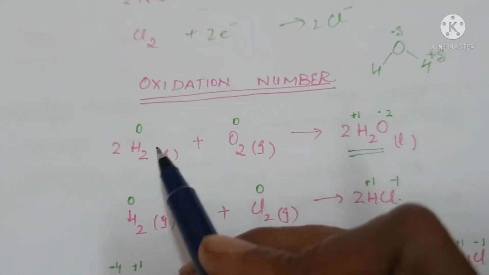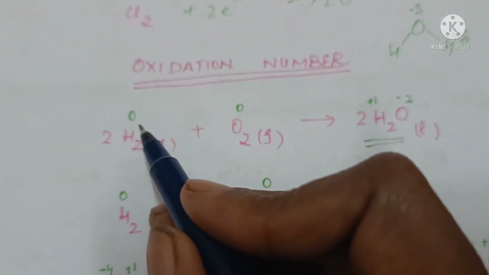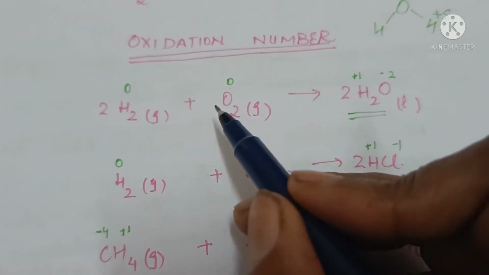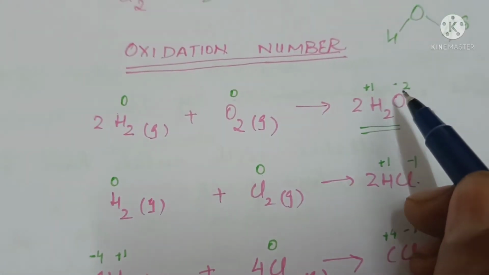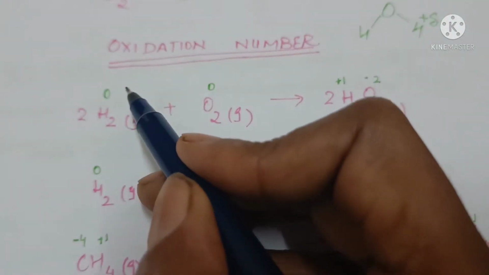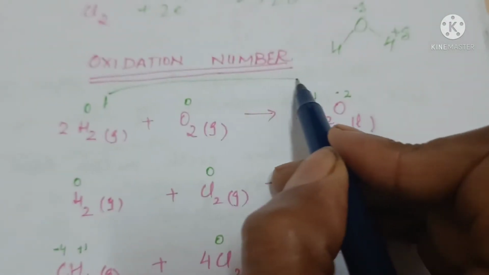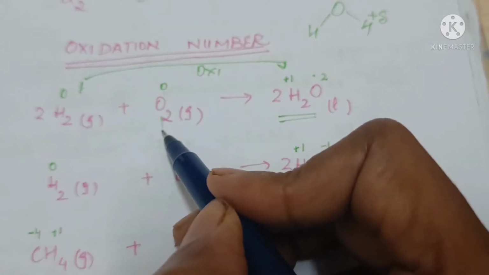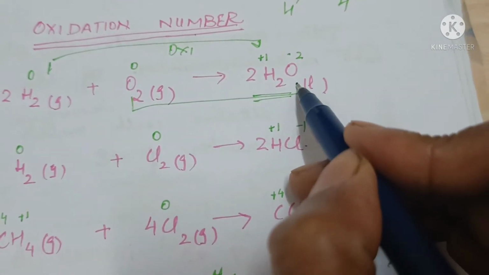So we rewrite these equations. Hydrogen from 0 changes to hydrogen with +1 state. Oxygen from 0 changes to oxygen with -2 state. So there is a loss of electrons from 0 to +1. This is oxidation. There is gain of electrons from 0 to -2.